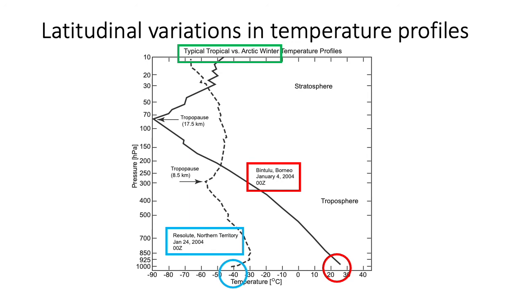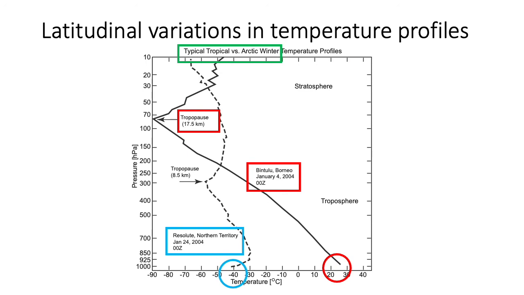It's quite a bit colder at the surface, as you'd expect in the polar winter, than it is in the tropics, right near the equator. The tropopause, in the case of the tropical sounding, is way up at nearly 18 kilometers. And the temperature at the tropopause is a bitterly cold minus 90 degrees Celsius.